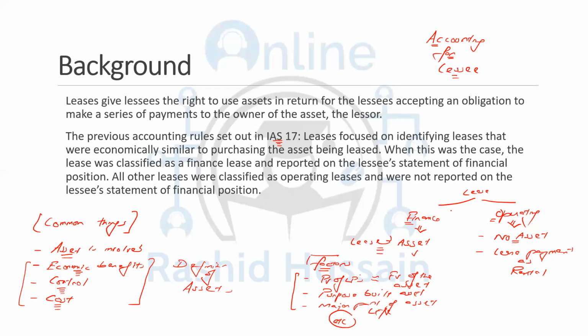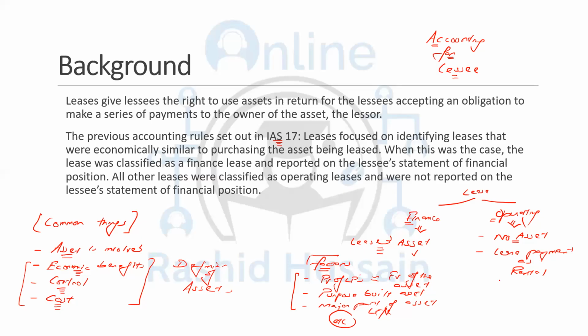So when you are classifying an operating lease as a rental and there's no involvement of the asset, that means this treatment of the lease does not comply with the financial reporting framework's definition of the asset. Because in both of the leases, the asset is involved. In both of the leases, economic benefit will flow to the lessee.